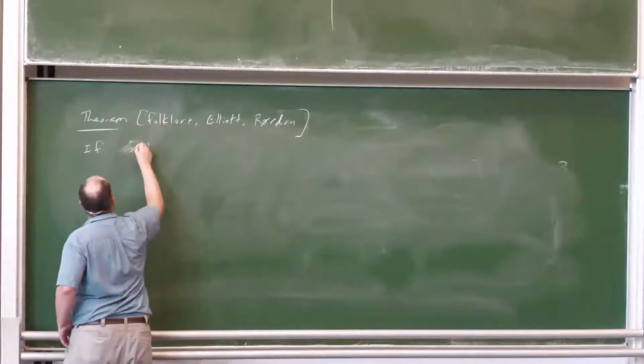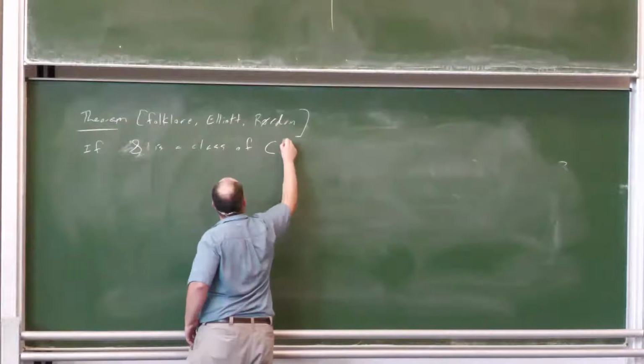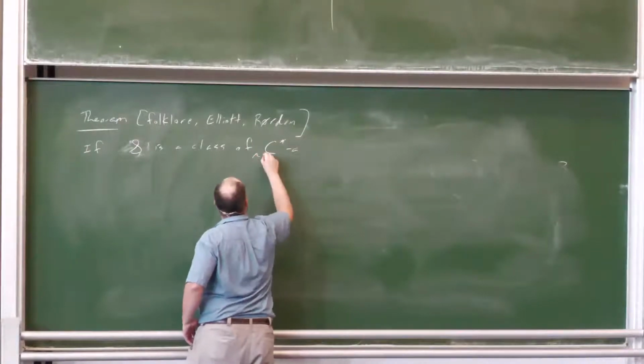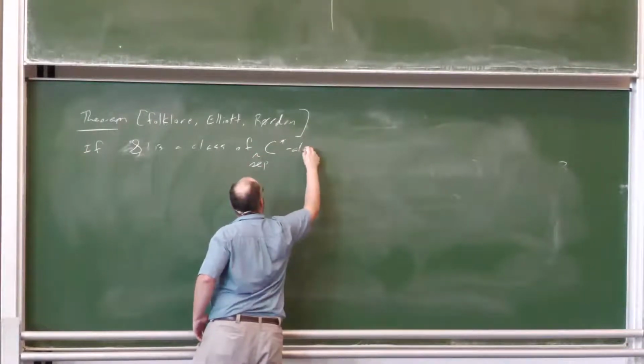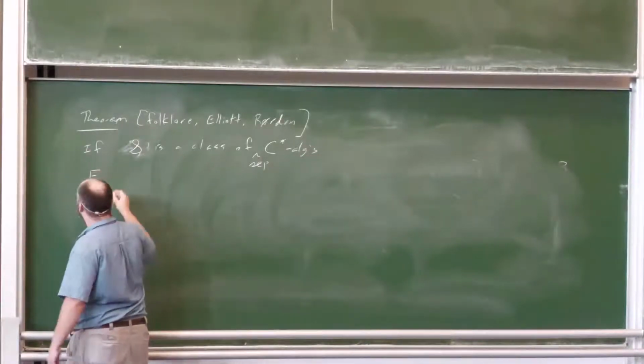Let's say S is a class of separable C-star algebras, and F is this functor as before.